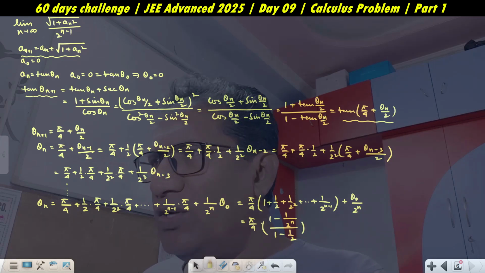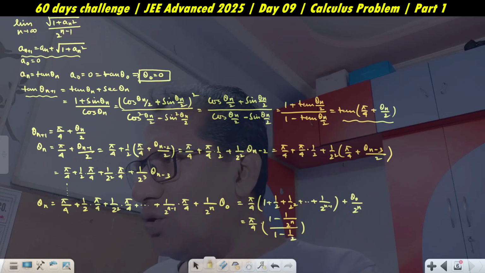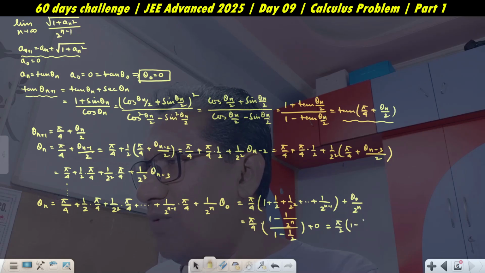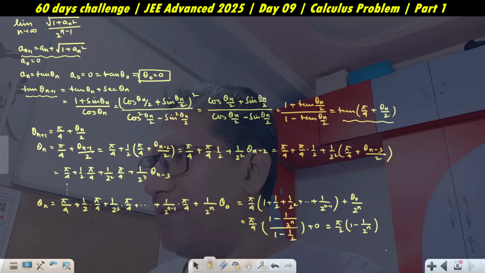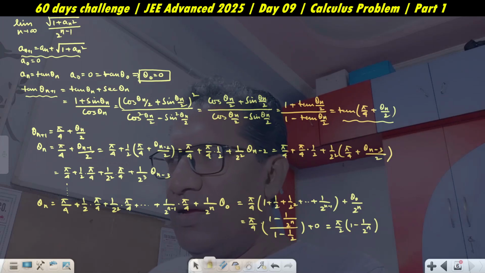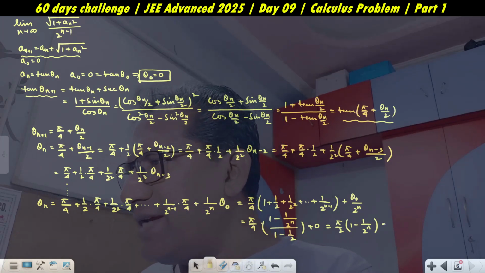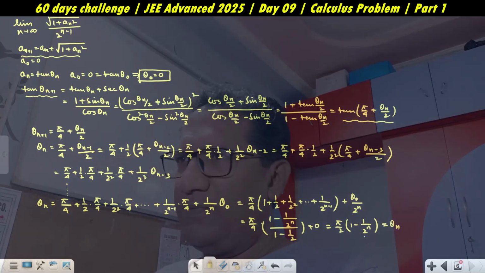And as we all know that theta 0 is 0, so this part will become 0. So now it is coming to pi over 2, 1 minus 1 over 2 to the power n, right? So we got your theta n as this one.